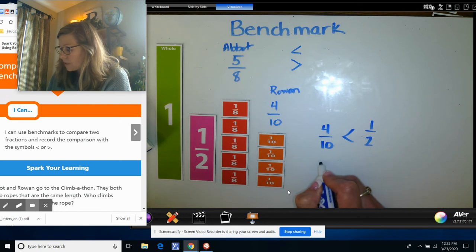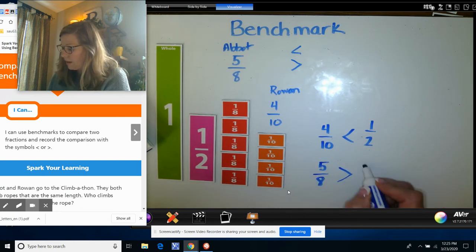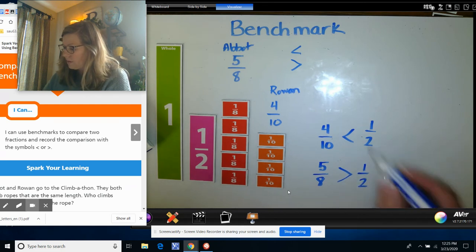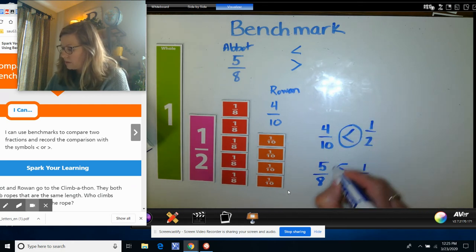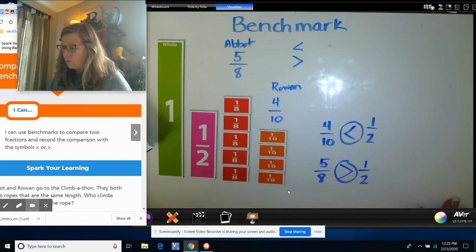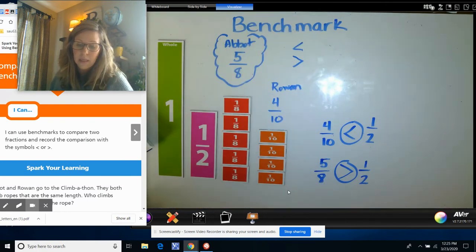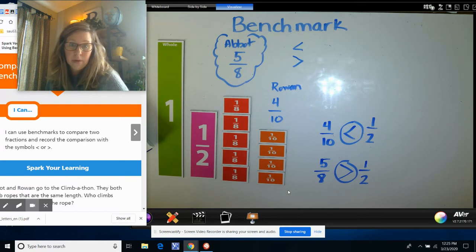We can also say that 5/8 is greater than 1/2. Think about that comparison using greater than and less than. Okay. So in this case, we know that Abbott climbs higher than halfway up the rope. Just looking at our visual. Okay. Here is your comparison here. 5/8 is greater than 1/2.